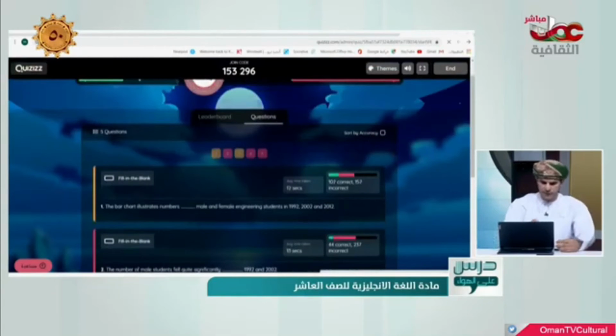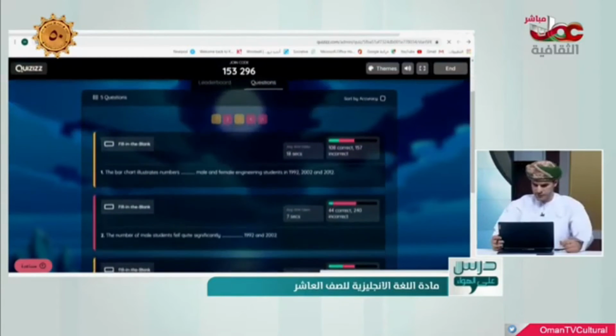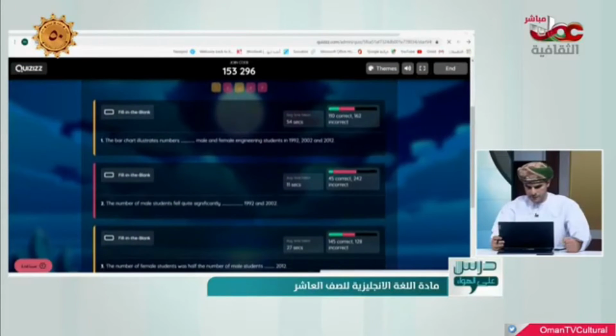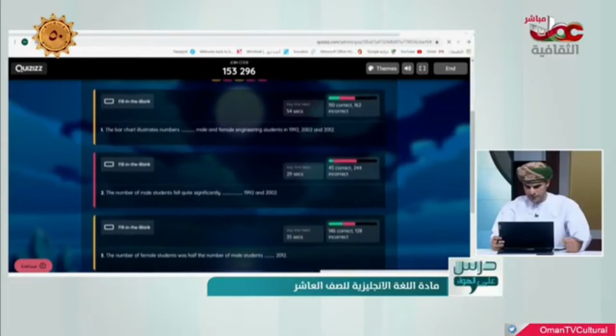I think you have to go back to the report. So we can see here some problems with prepositions with students. Look here, more than 200, 247 incorrect in this question. The number of male students fell quite significantly.